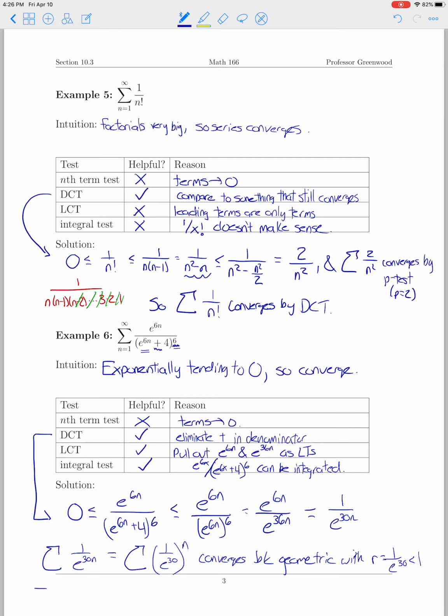And so that means that the original series, e to the 6n over (e to the 6n plus 4) to the 6th, converges by direct comparison. But you could have used the limit comparison test or the integral test, and they would have told you the same thing at the end of the day.